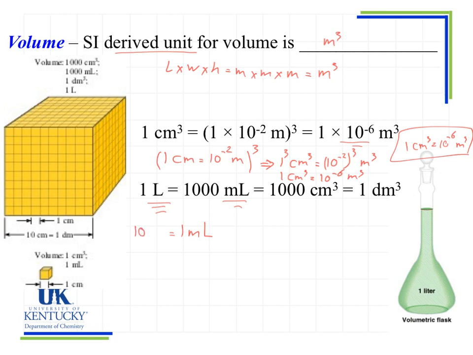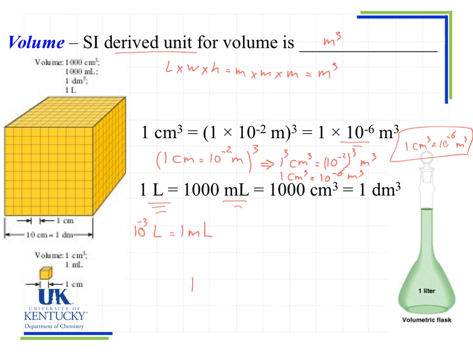So it's 10 to negative 3 liter, or 1 liter is 1000 milliliter. And 1000 milliliter is 1000 cubic centimeter. And we can then relate it to cubic decimeter or cubic meter.